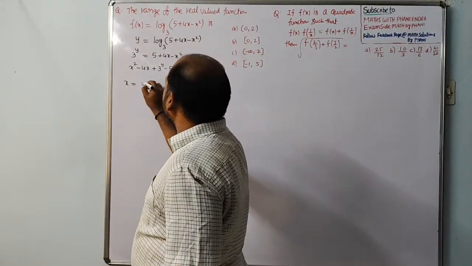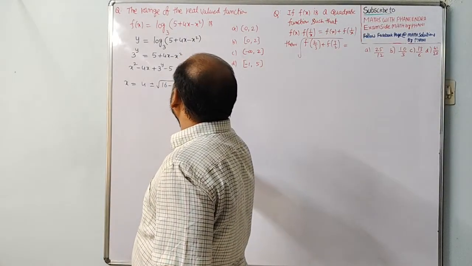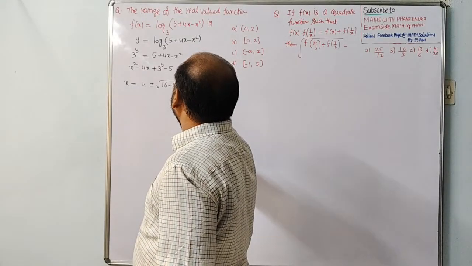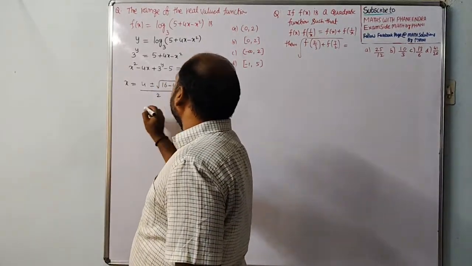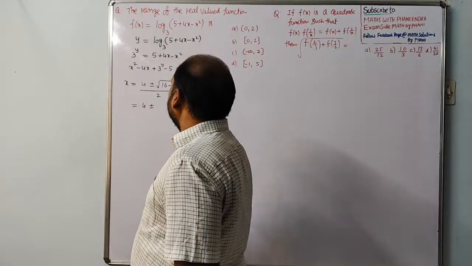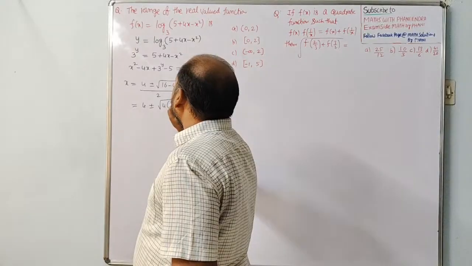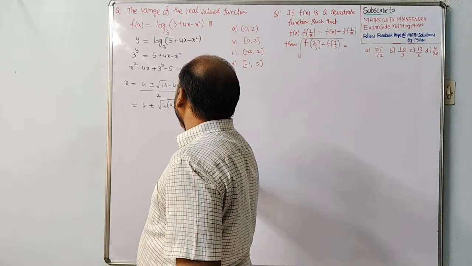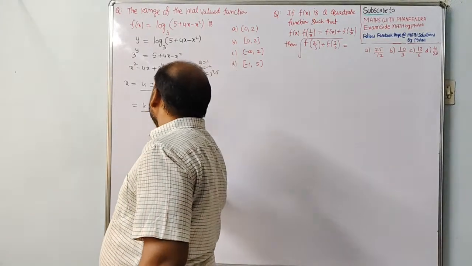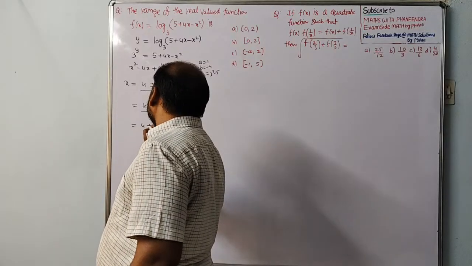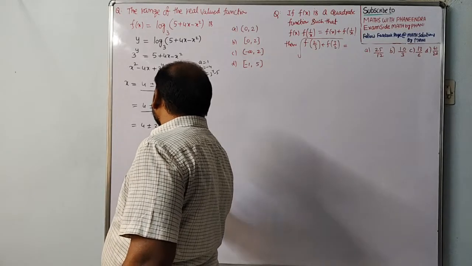Minus b plus or minus means 4 plus or minus root over b square 16 minus 4 into a value 1, c value 3 power y minus 5, divided by 2a, 2 into 1. 4 plus or minus root over 4, taking common, 4 minus 3 power y, minus into minus plus 5 will come, divided by 2. 4 brought outside, 2 will come. 4 plus or minus 2 root over 9 minus 3 power y divided by 2.